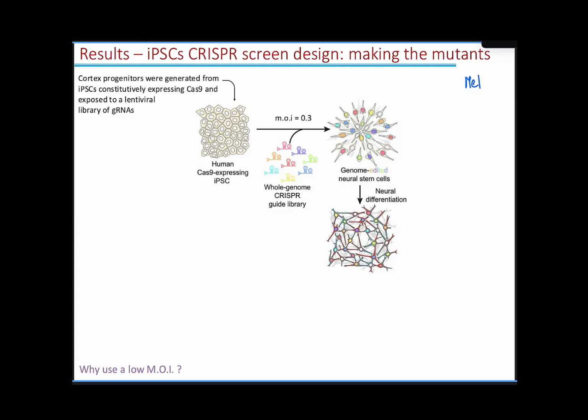In the CRISPRi context, it was because they were inhibiting enhancers, so there is always the argument that you're not really causing all that much genetic damage, and by sequencing thousands and thousands of cells, they could tell when a given enhancer inhibition was truly statistically associated with a change. Here, they're taking a different approach.